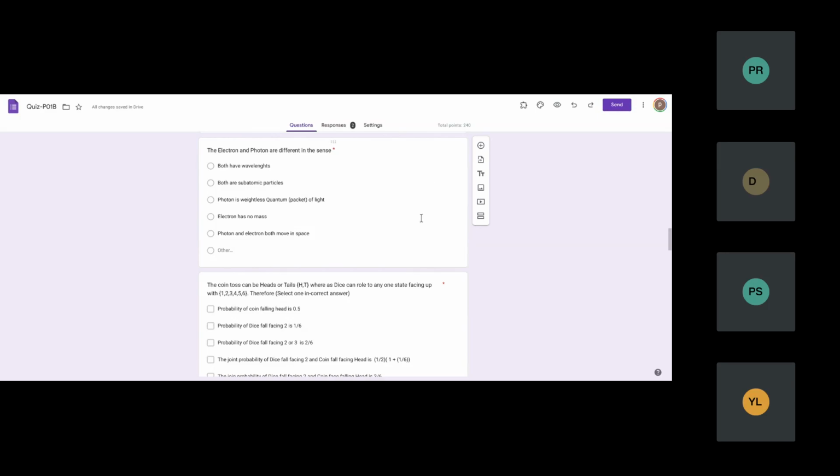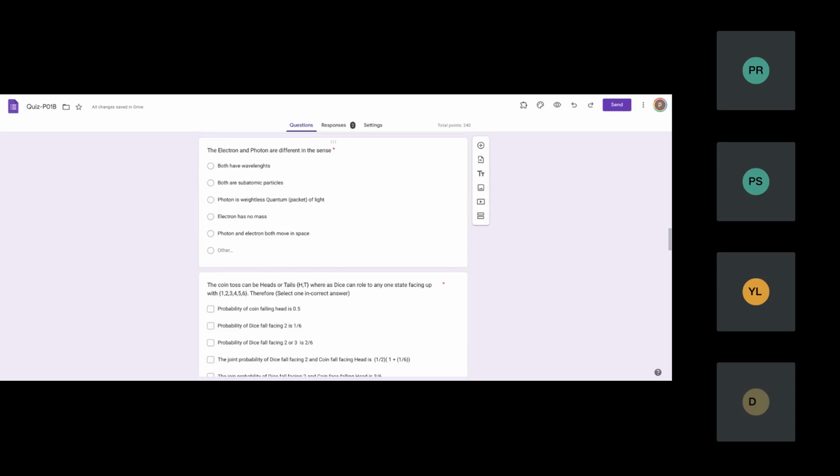So electrons and photons are different in the sense that both have wavelengths? They are not different. The third one: both are subatomic, but that's correct. Photon is weightless and a quantum packet of light.